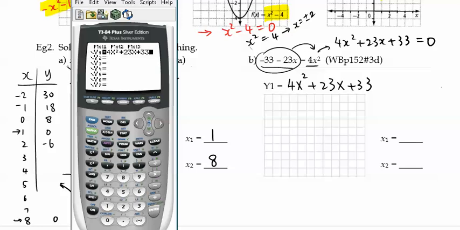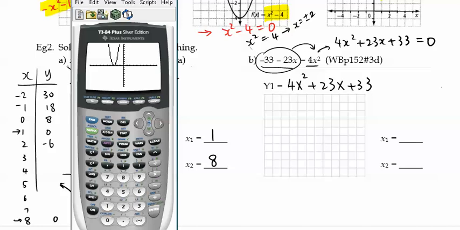The parabola you're going to see may not be perfect. The window that the calculator is using may not be the best for the parabola at this time.